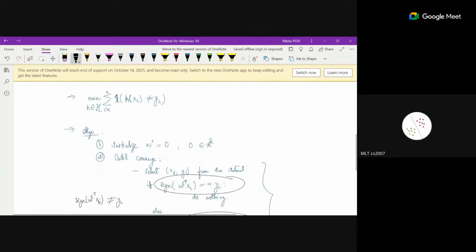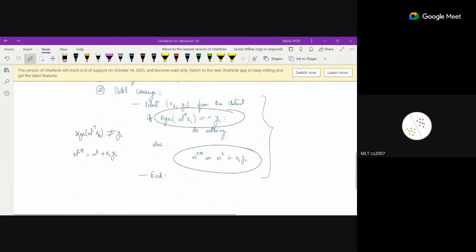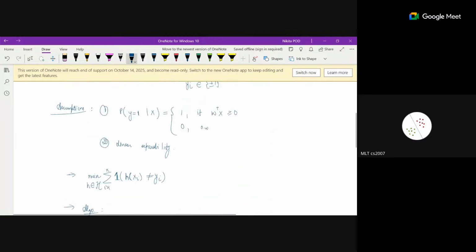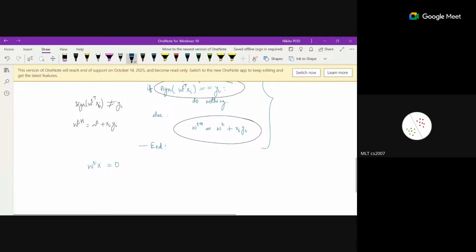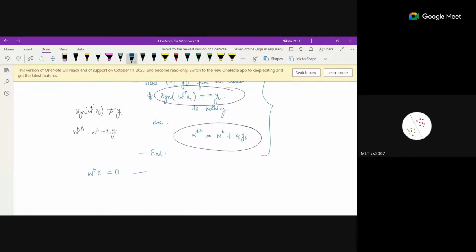So you're saying W transpose X is equal to 0. Remember, when we started, we saw that if W transpose X is equal to 0, I am going to assign it as 1. So it goes to class 1.